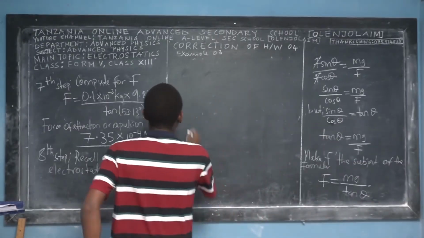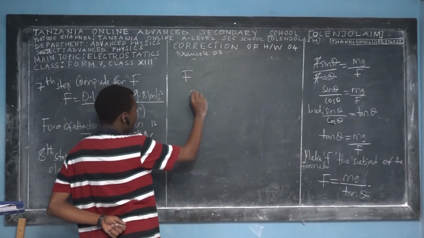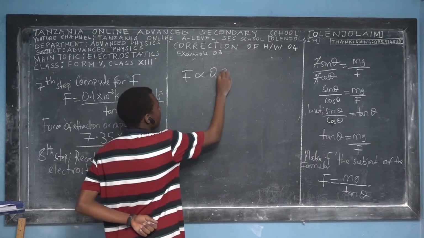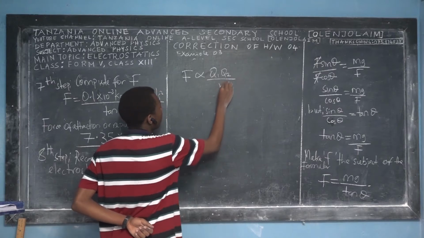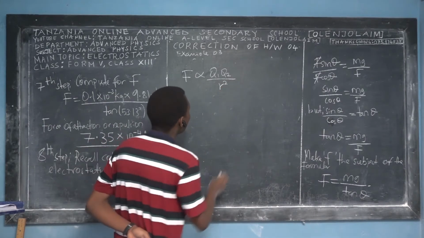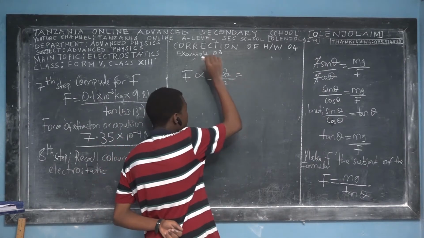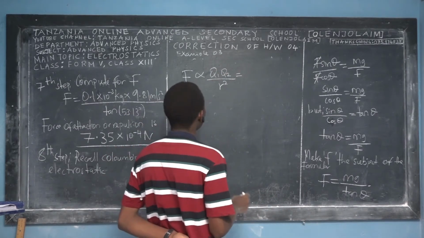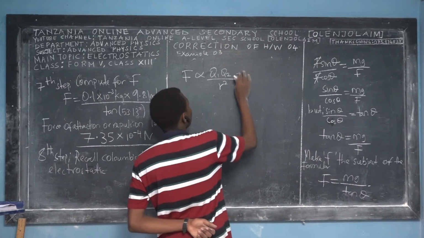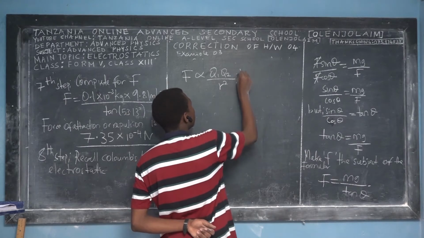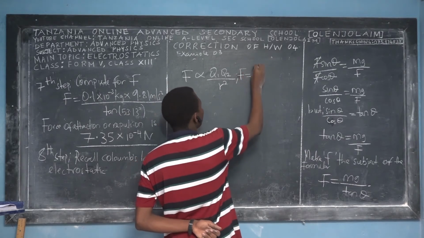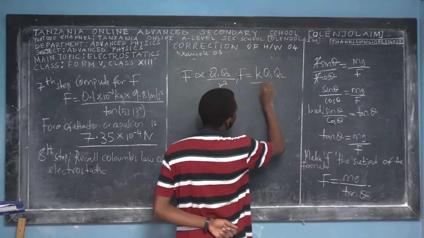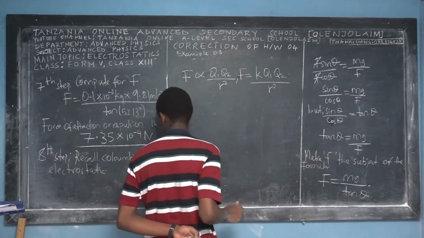So, force of attraction or repulsion is directly proportional to the product of the charges over the square of the mean distance between them, which is then equal, after removing the proportionality constant by adding the constant k and the equal sign, F is equal to k q1 q2 over r squared.